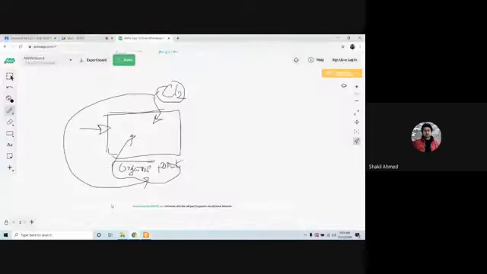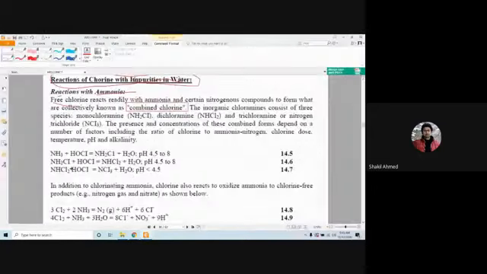So we are saying that this chlorine, instead of killing the pathogens, is partly used to react with the organic pollutants or any other types of impurities like ammonia.